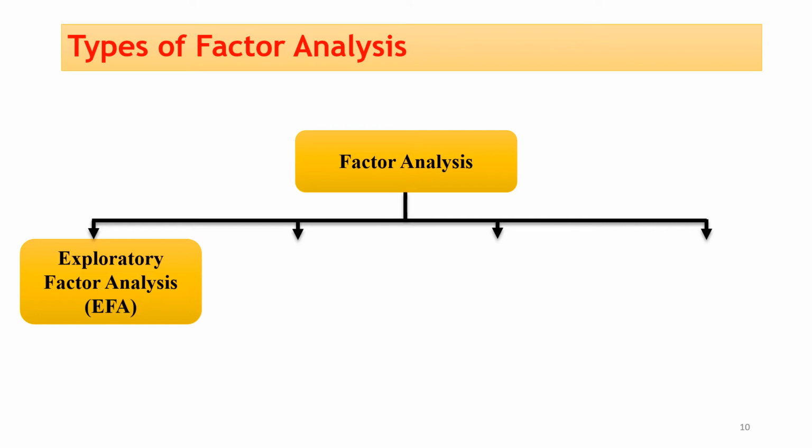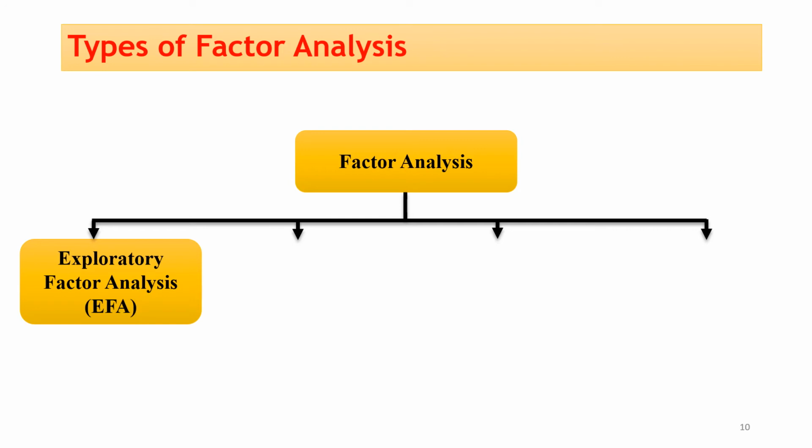But there are some differences also, and most of them are concerned with how the factors are used. Basically, EFA is a data-driven approach which allows all items to load on all the factors. While in confirmatory factor analysis or CFA, you need to specify which factors are required to be loaded.